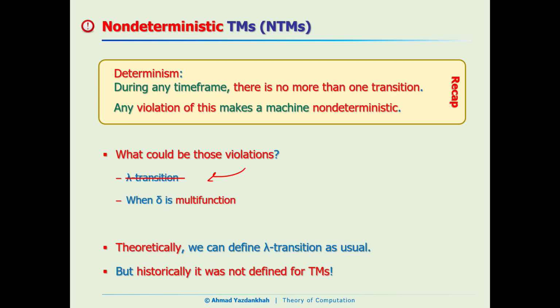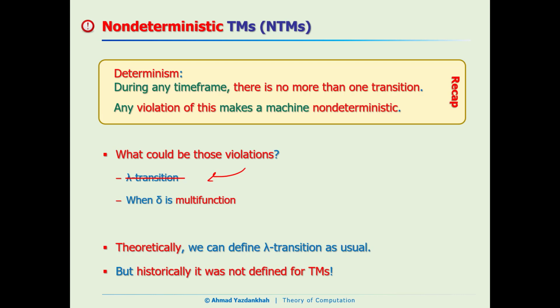Probably you are asking why. It is a little bit of a big question mark for you. Just remember the reason we use lambda transition. Mostly we use lambda transition for combining simple machines and also for parallel processing. But for combining simple machines, we really don't need lambda transition.